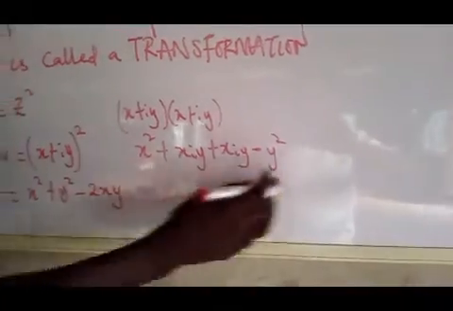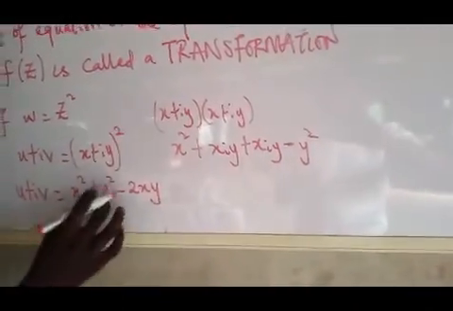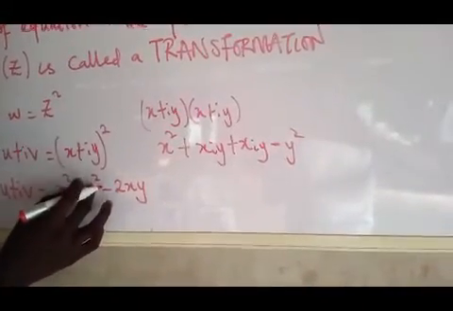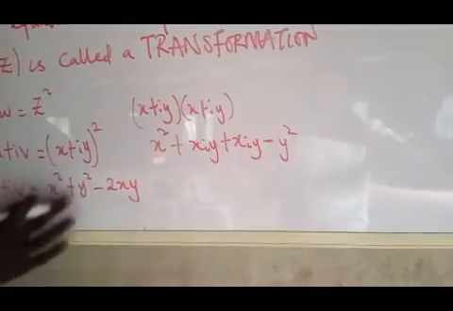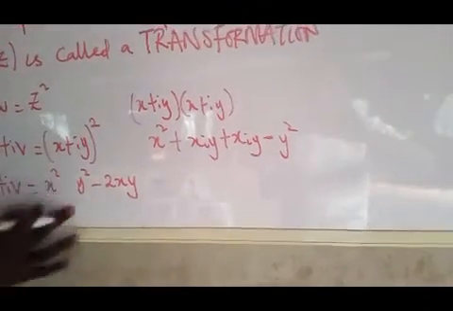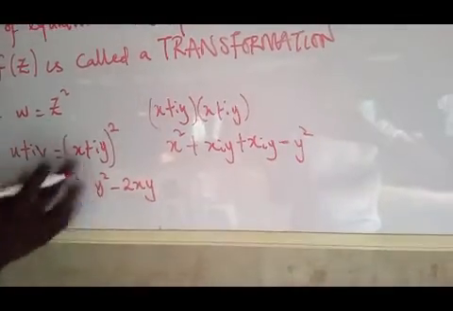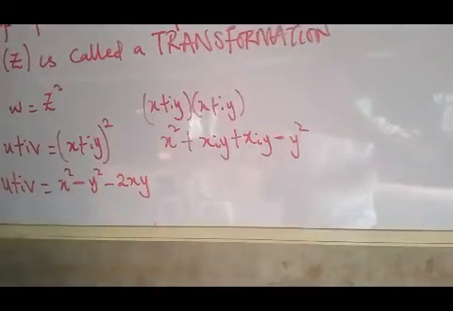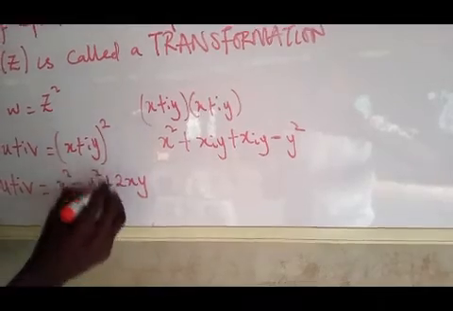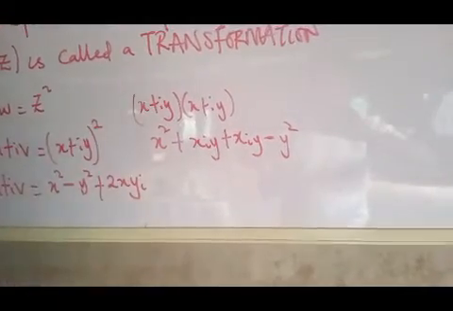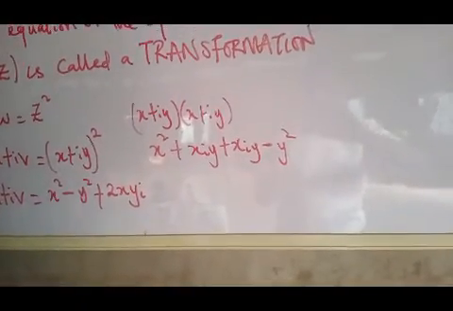So that's how I have x squared, minus y squared. You get what I'm saying? Alright. So this is x squared minus y squared plus 2xyi. Alright, so that's what we are going to have there.